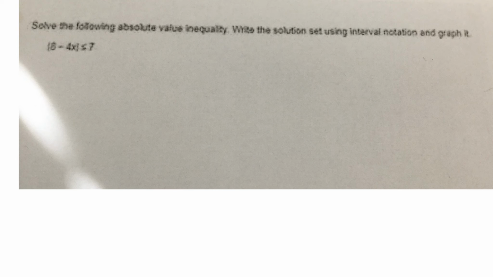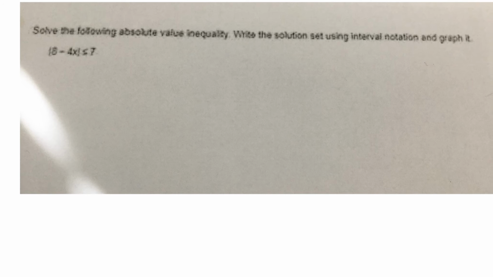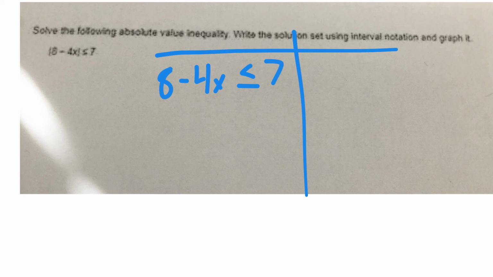So what's inside the absolute value bars could truly be less than or equal to 7. That's case 1. Now case 2 we've got to think about for just a second. So we're going to take the absolute value of something, and I want it to be less than or equal to 7.